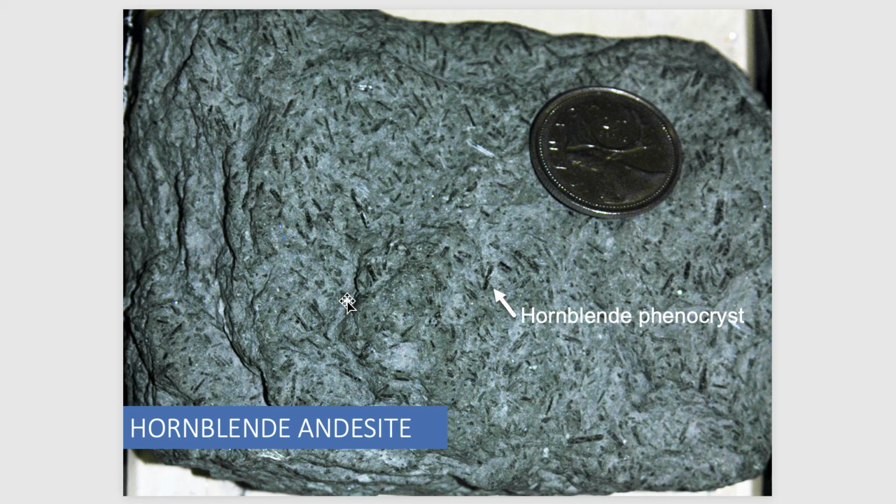So if these mafic phenocrysts are dominated by hornblende, like this example here, we tend to classify the rock as an andesite because it's more an intermediate composition. A good indication that this is hornblende is also the color of this rock. It tends to be extremely greenish, and often hornblende will have this characteristic green color.